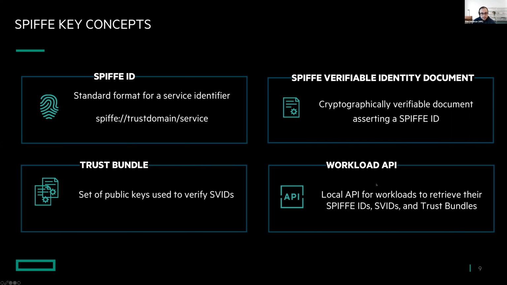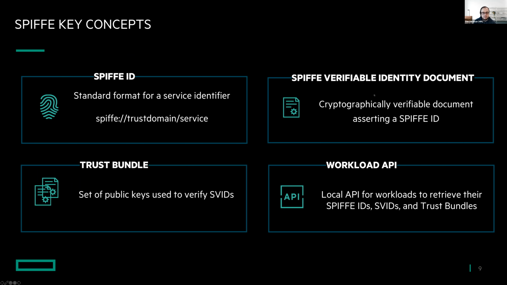And finally, there's the workload API, and this is the most important and maybe the most subtle part of SPIFFE. This is a local API that allows workloads to retrieve their SPIFFE ID, their SVID, and their trust bundle. So why do they have to retrieve them instead of just storing them statically? The reason is we're constantly updating the SPIFFE verifiable identity documents and the trust bundles.